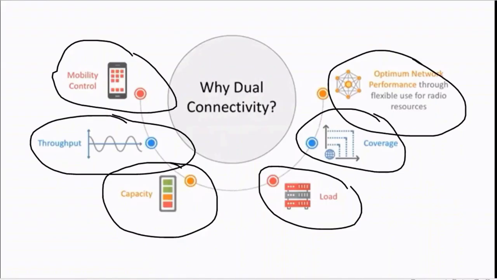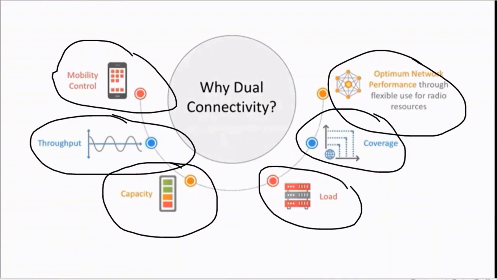The best network performance, right? So, flexible use of radio resources. Here the words radio resources are very interesting, right? As a RAN person or a radio person, we always talk about how best we can utilize the radio resources, right?